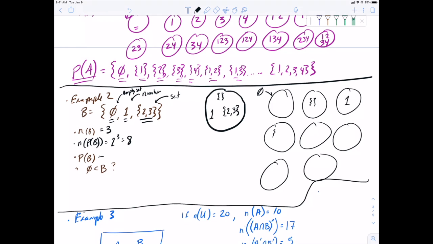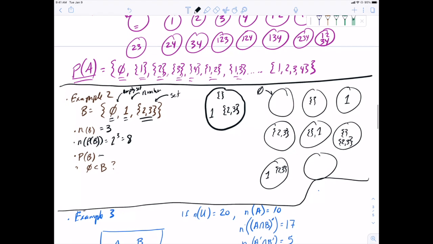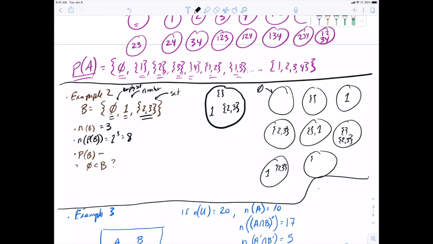Then we have the set of 2, 3. Now we have an empty set, a 1, the empty set, and the set of 2, 3. And then we have a 1 in the set of 2, 3. Now we have the empty set and a 1 in the set of 2, 3.